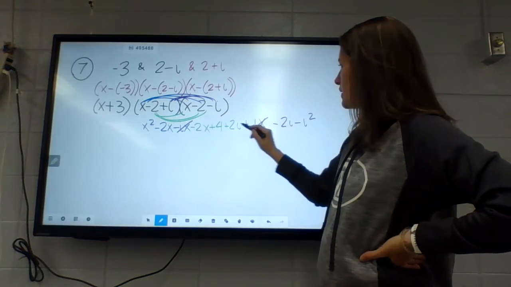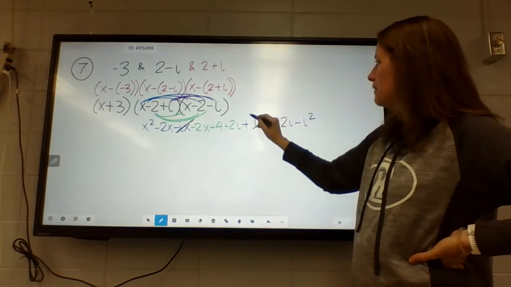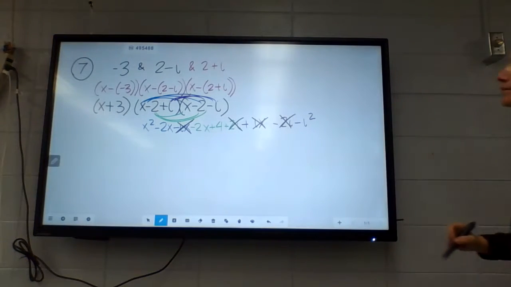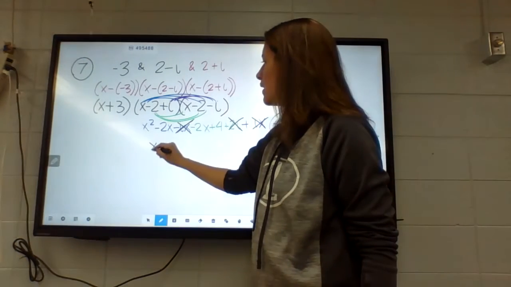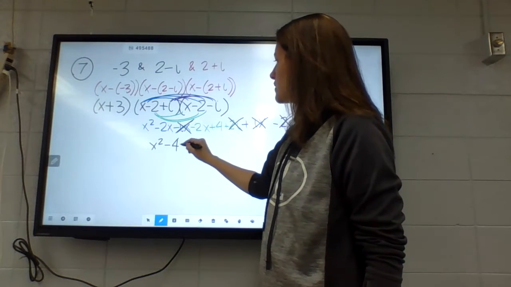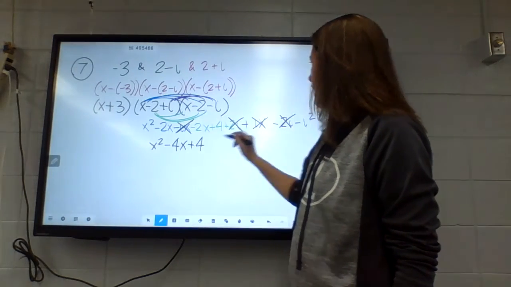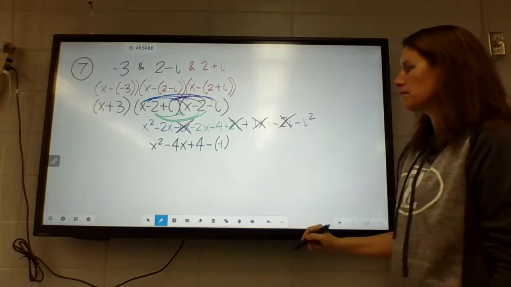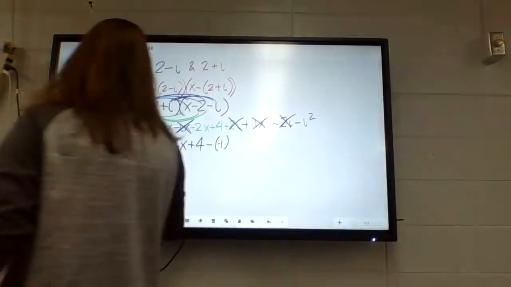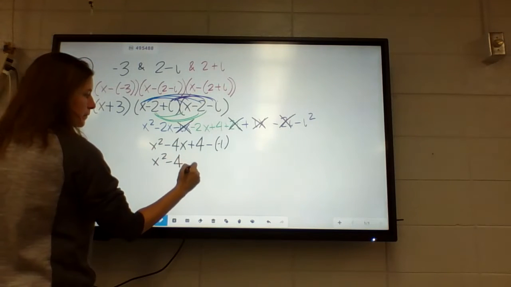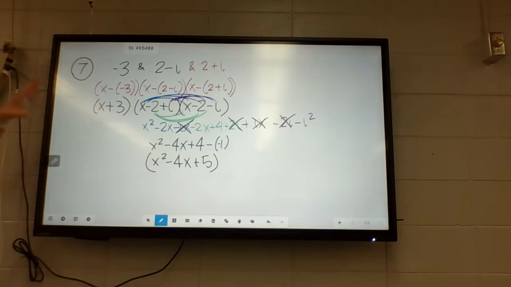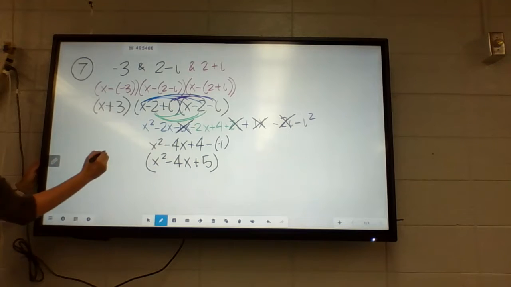So these 2 cancel, and then these 2 cancel. So I'm left with x squared minus 4x plus 4, and then minus i squared, so minus a -1. So this is the trinomial for the imaginary.